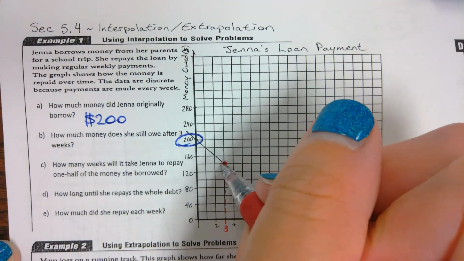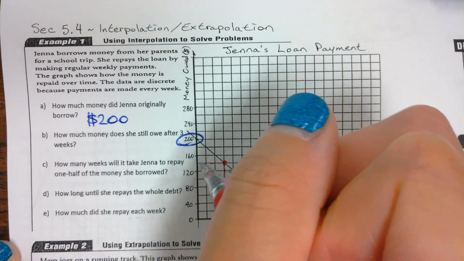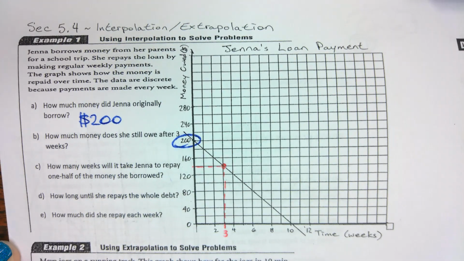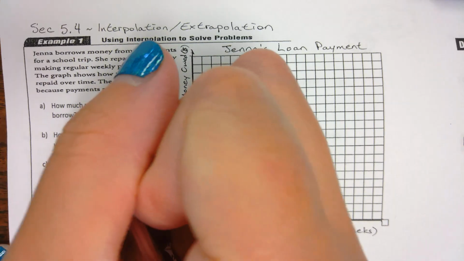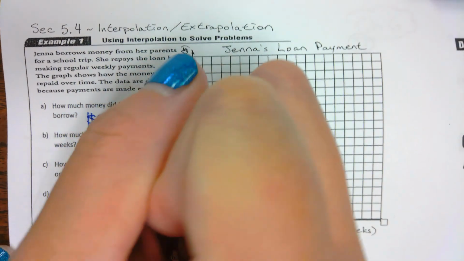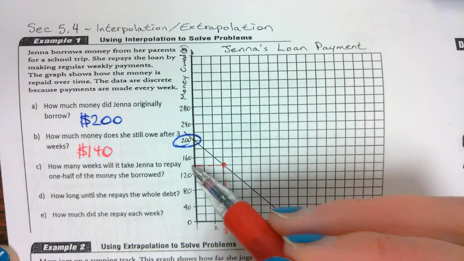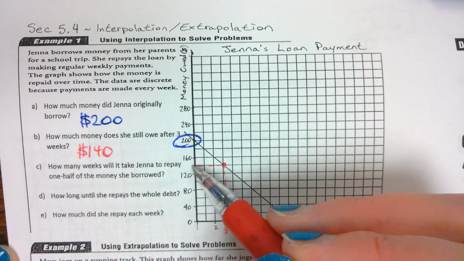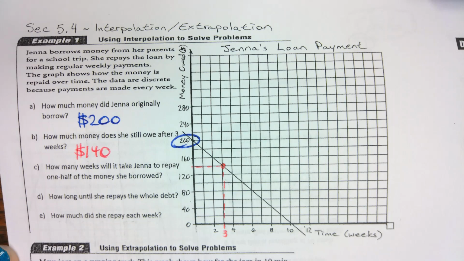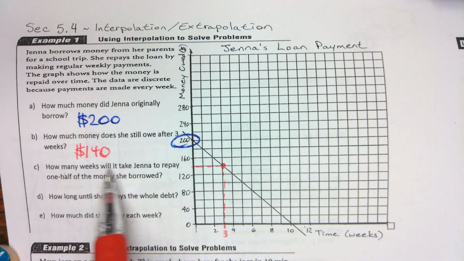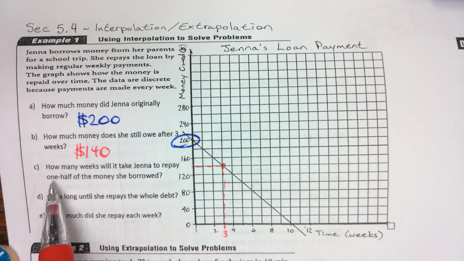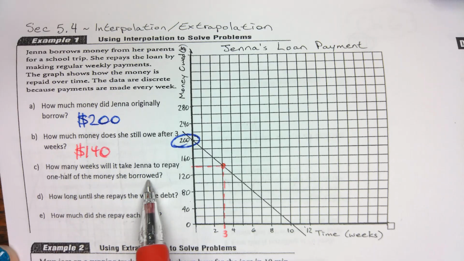And then if you go across to your y-axis, it tells you exactly how much she still owes after 3 weeks. So how much does she owe after 3 weeks? Vincent? 140, right? Because you can see by the scale, it's between 120 and 160. So each of the boxes are $20.